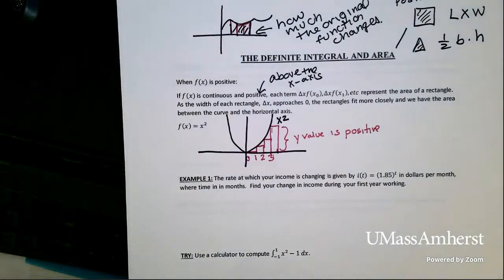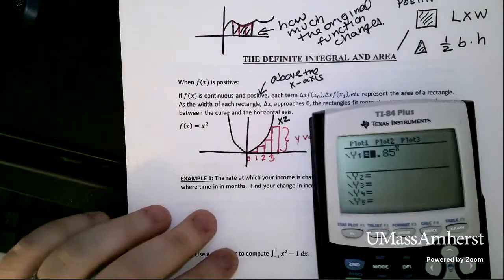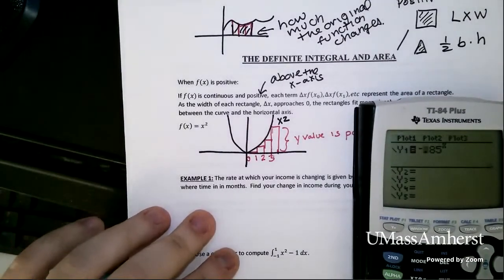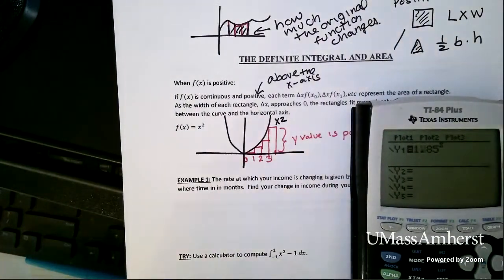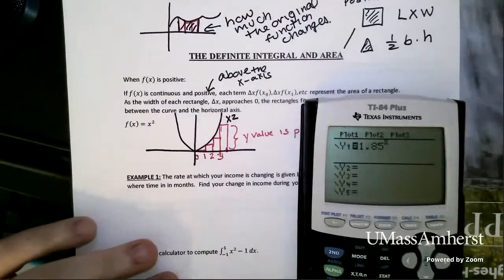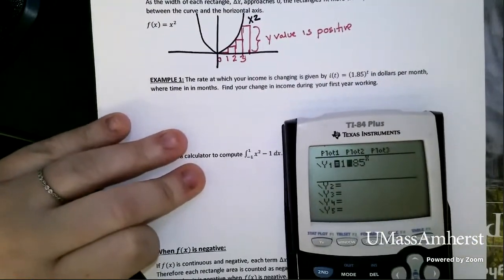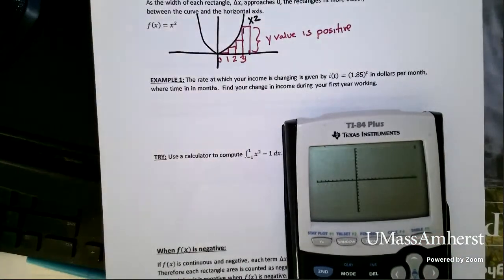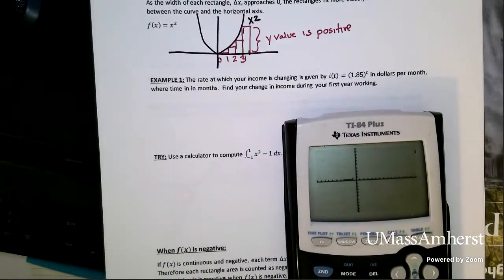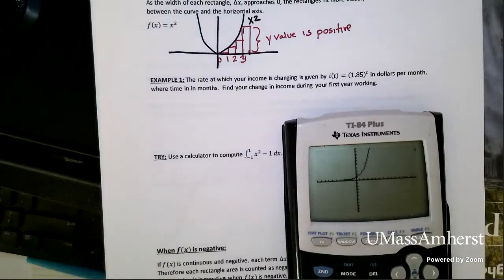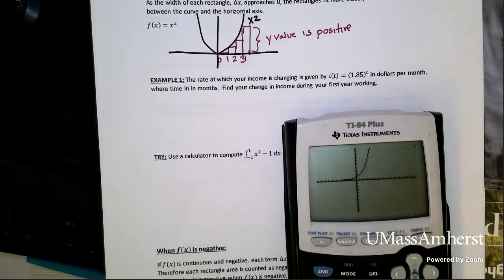If you were to graph this function, let's show you what the graph looks like. 1.85 to the x, right? That's my function. Let me move this up here. If I were to graph this function, you will see that it is above the x-axis. So I would expect any area under the curve to be positive.